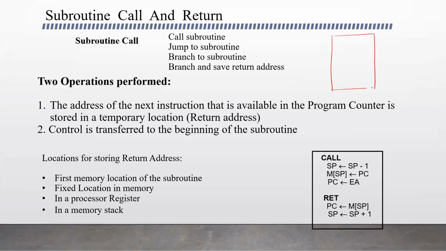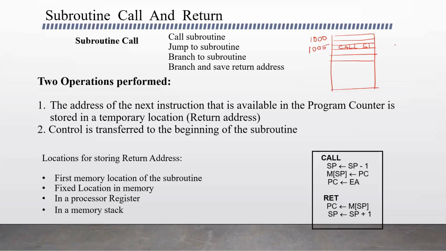Let's say this is our main program in memory. We have a series of instructions starting at location 1000. And we have a call statement that calls the subroutine S1, and let's say this is at 1005.